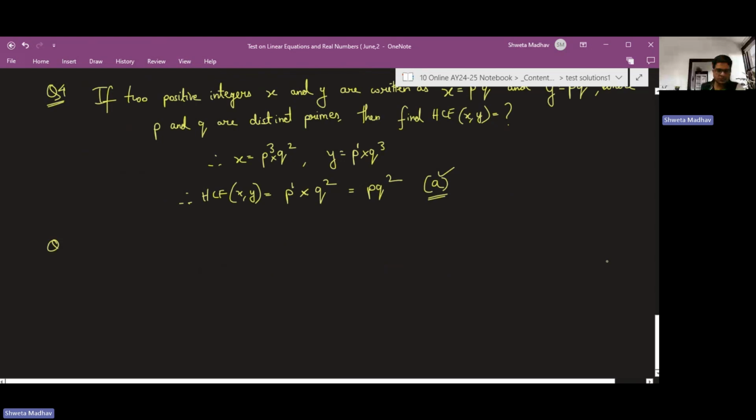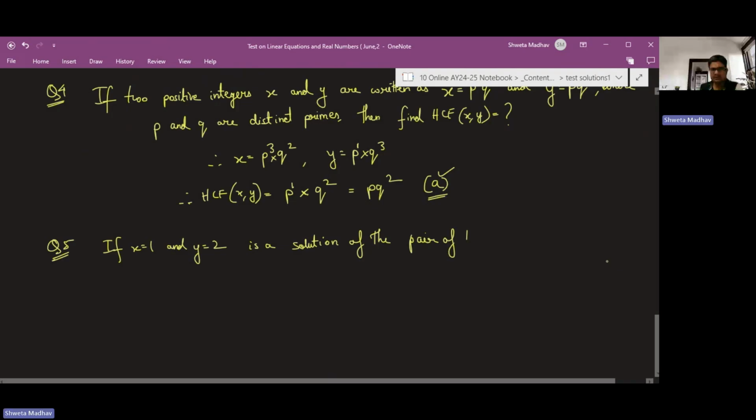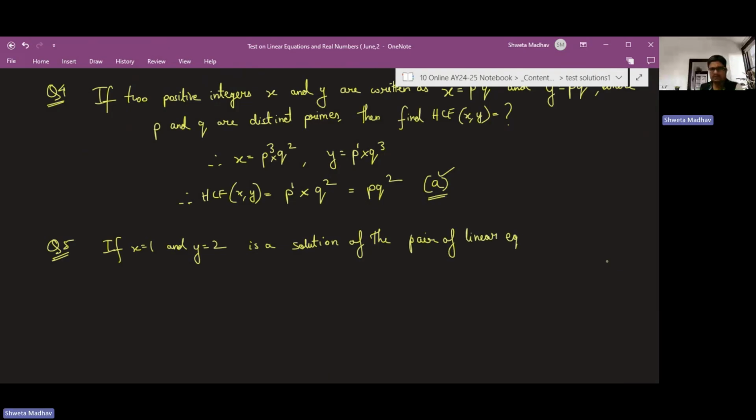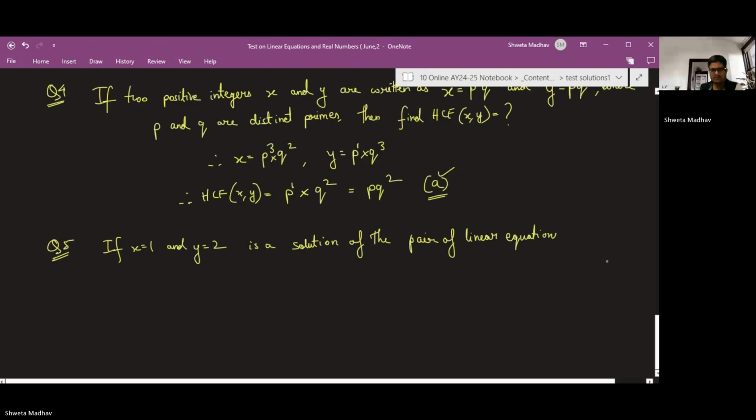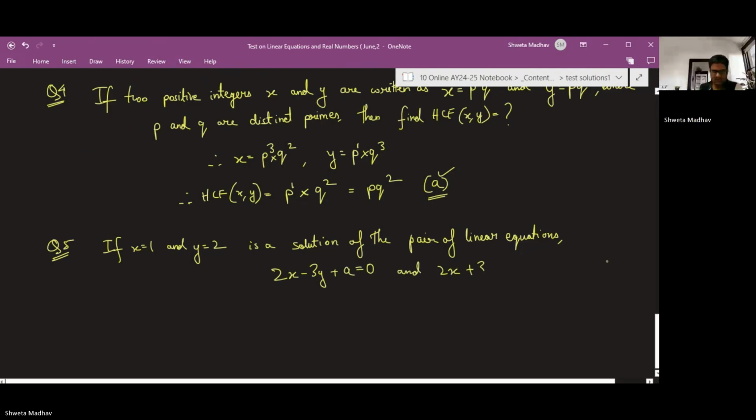Then in question number 5, it has been told that x equal to 1 and y equal to 2 is a solution of the pair of linear equations 2x minus 3y plus a equal to 0, and 2x plus 3y minus b equal to 0.